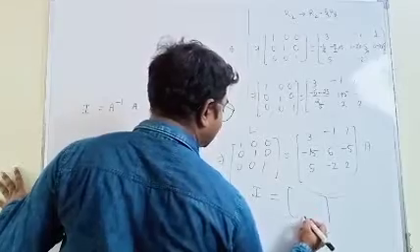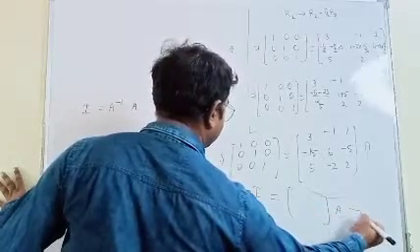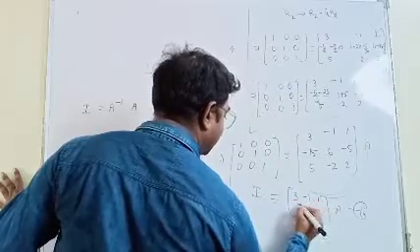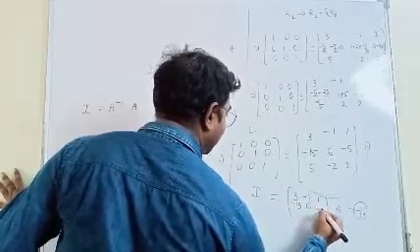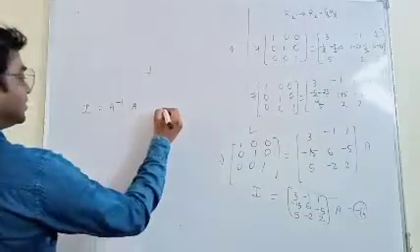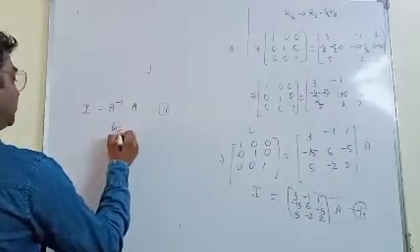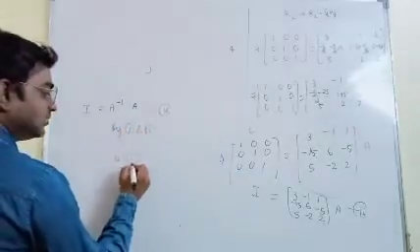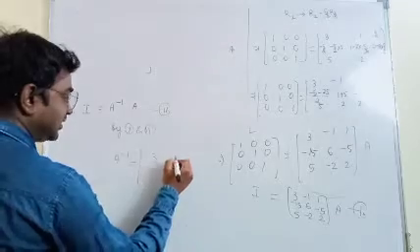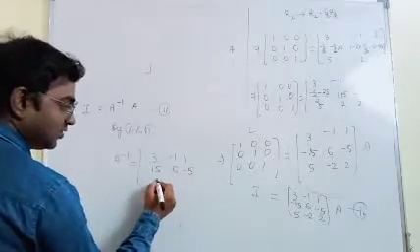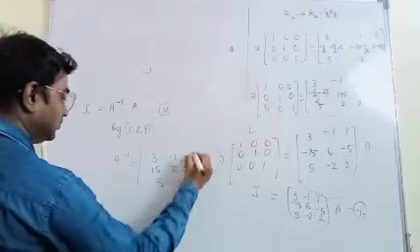A inverse, compare with this. This is equation 1. You will write 3 minus 1 1, minus 15 6 minus 5, 5 minus 2 2. This is equation 2. By equation 1 and 2, A inverse becomes 3 minus 1 1, 15 6 minus 5, 5 minus 2 2.